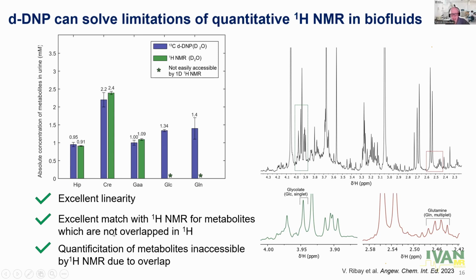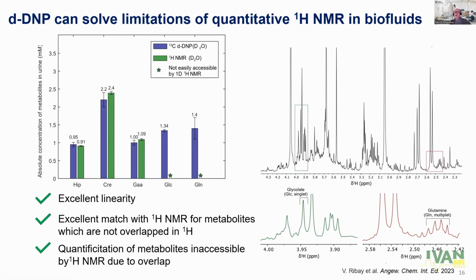It means that we have an excellent match between hyperpolarized C13 NMR and proton NMR for metabolites that can be quantified by proton NMR. But here there were also two metabolites that were not accessible by proton NMR due to very strong overlap. Even deconvolution did not work properly. And in that case, we were also able to quantify them by C13 NMR with hyperpolarization.